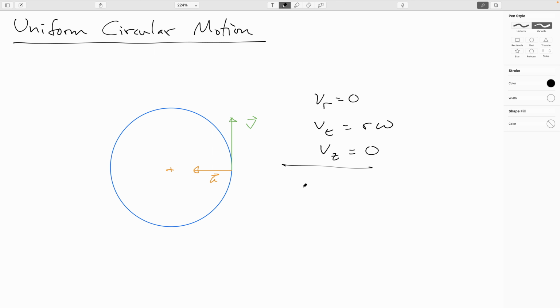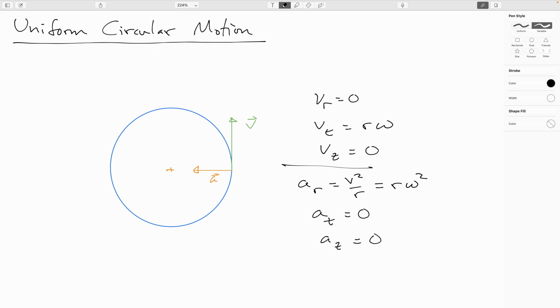And by the same token, we can write that the radial acceleration, as we saw before, is v squared over r, or we could write that as r omega squared. There is no tangential component, and the z component is 0. And remember, for these omegas here, we have to be working with radians. So omega here would be in radians per second, for instance.